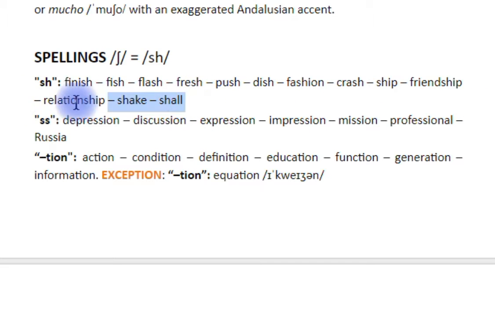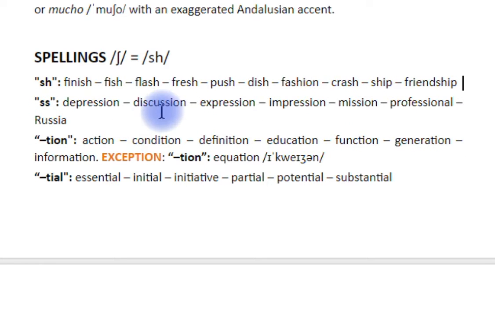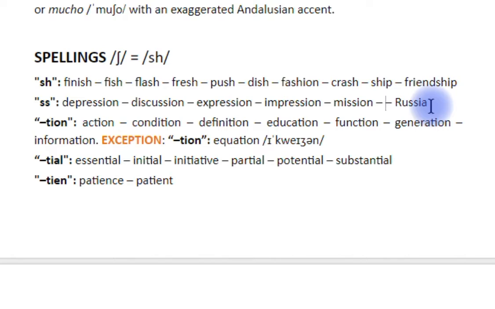Let's delete one line because I don't want you to get too many words in this video. Then we have the double S sound, like depression, discussion, expression, impression, mission, and Russia. We don't say Russia with an s sound, we say Russia with sh.